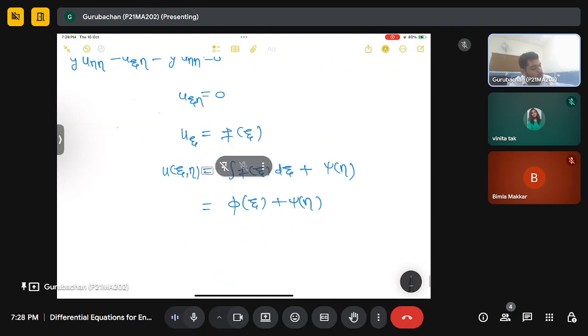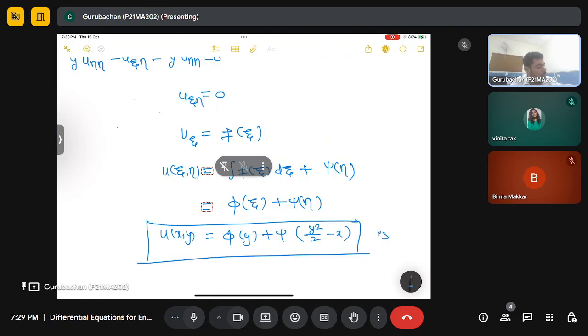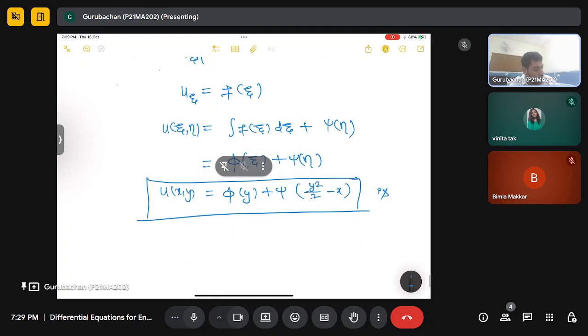So your u x y will be phi of y plus xi of y square by 2 minus x. So this will be the solution of the given PDE.